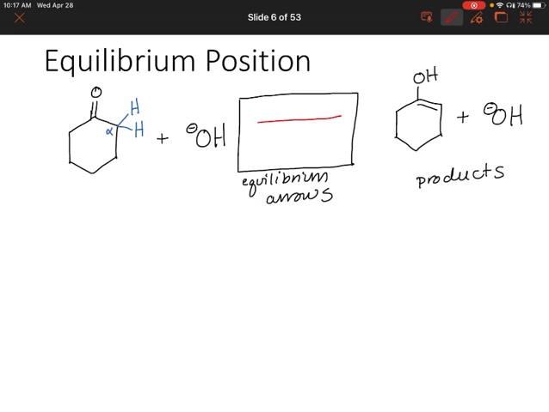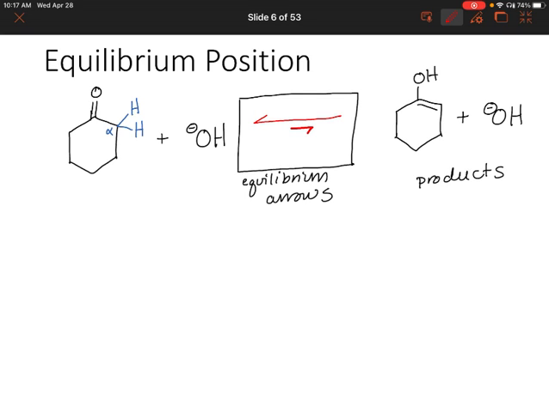So we'll draw our equilibrium arrows so that the ketone side is favored. And it's okay if your arrows were flipped, so if your longer arrow was on the bottom, that's okay, just as long as you indicate that the reactants are favored. Now, we can actually check the amount of product.